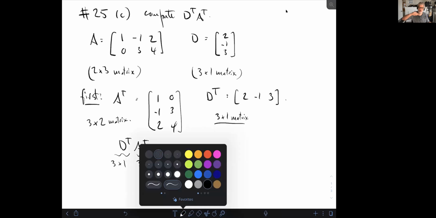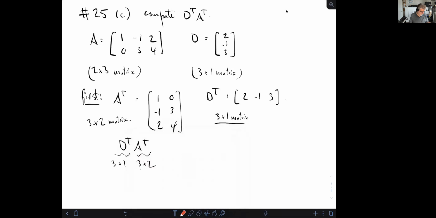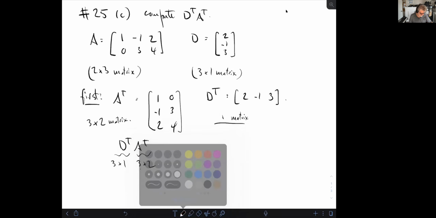It's number of rows times number of columns. But then why is DT 3 times 1? Because I messed up. Yes, thank you. It's a 1x3.